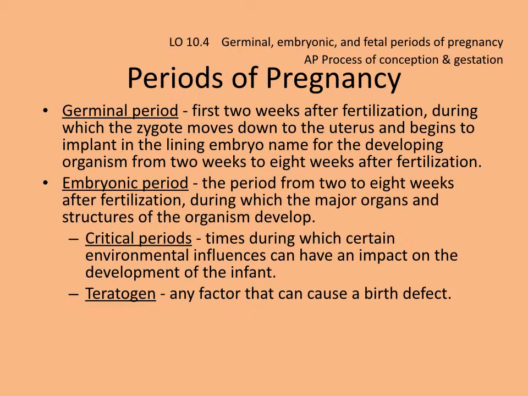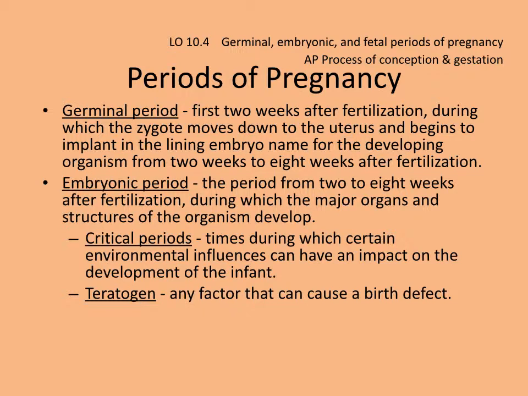Once the zygote attaches to the uterine lining, it's called the embryonic period. The embryonic period means a zygote has changed from a zygote to an embryo. The embryonic stage is 2 to 8 weeks after fertilization, and during this time, the major organs and structures of the organism are starting to develop.